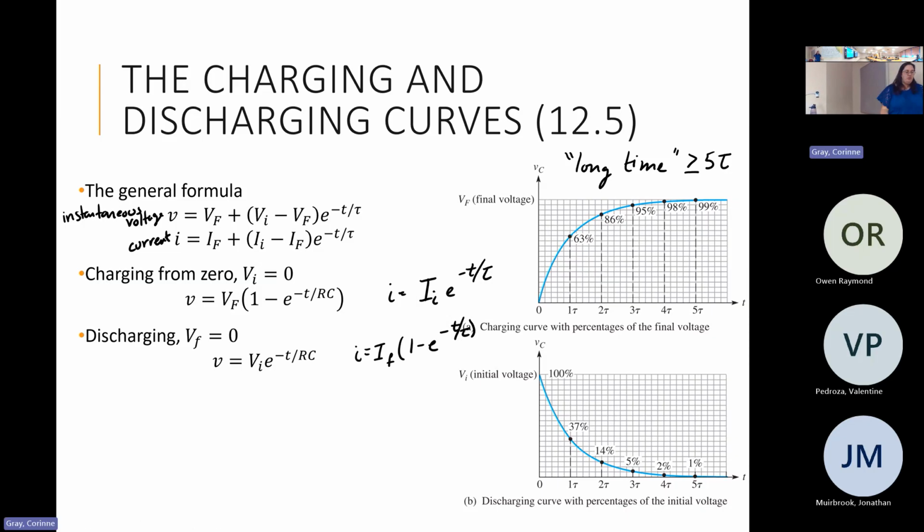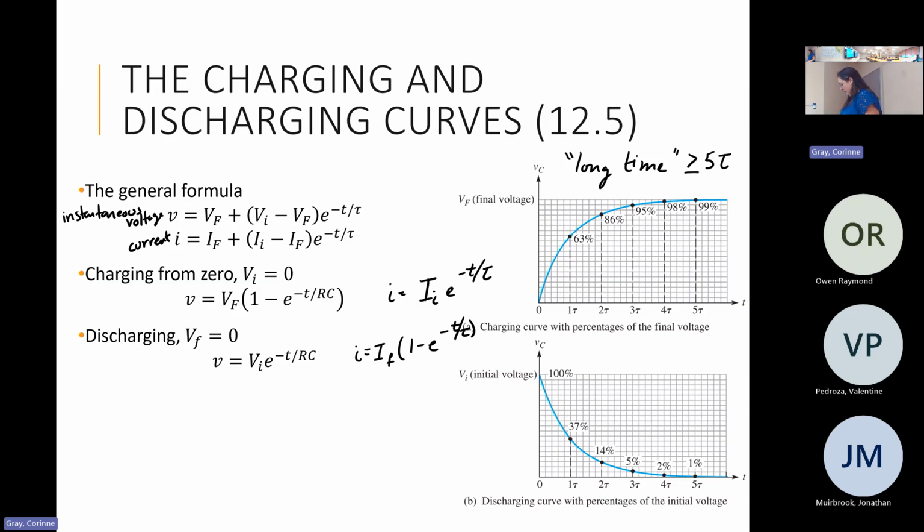So with these equations, right now it just feels like they've come out of nowhere. We're just saying, hey, these are the results based off of these graphs. They are technically derived from utilizing Kirchhoff's loop law. In particular, if you look at textbooks, a lot of the times it'll derive it for the charging case.